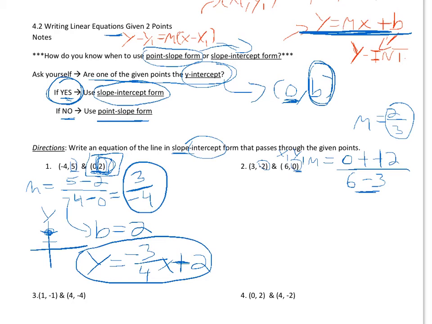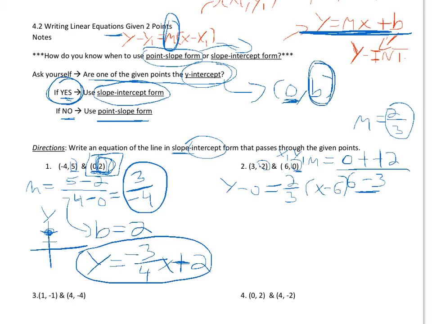So when I do it, I'm going to have y minus y sub 1, which is 0. So it's y minus 0 equals, and I know I have this m right here. M I figured out is 2/3. And then I'm going to have x minus x sub 1. Well, this x sub 1 is 6. So I'm going to have x minus 6 in parentheses.